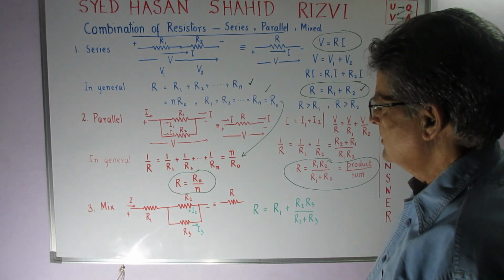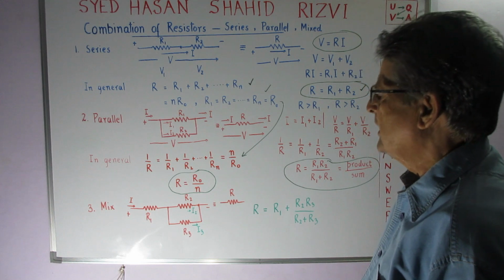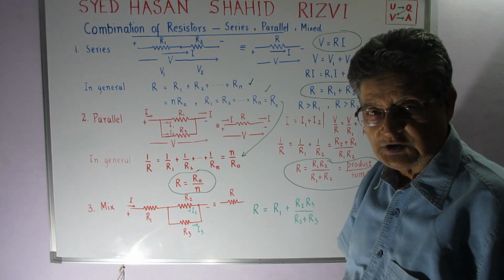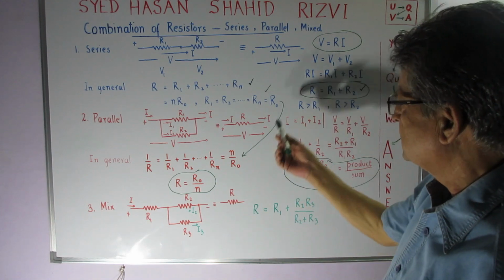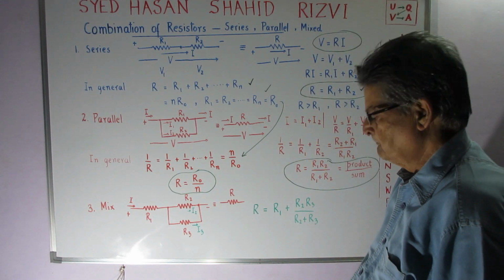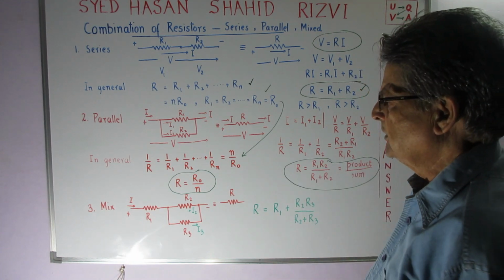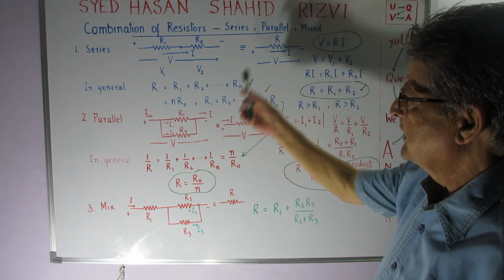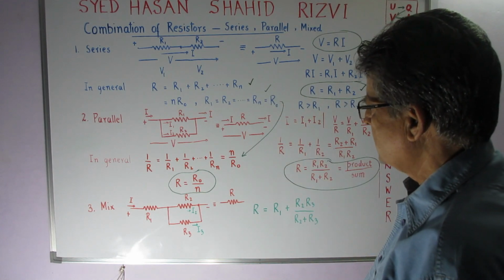There are many other things, there are many tricks, there are many topologies that we'll talk about. For example, in the case of Wheatstone's bridge, which I took in the case of capacitors, similar kind of thing will be taken up in the case of the various mixtures of various resistances, various combinations.